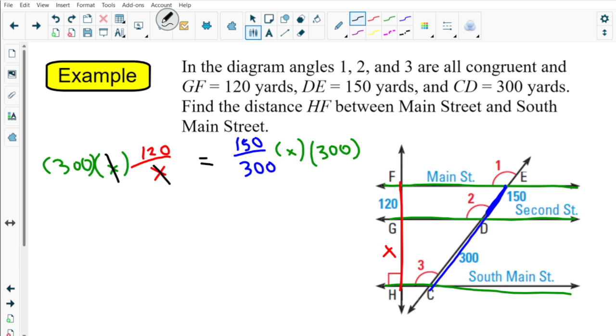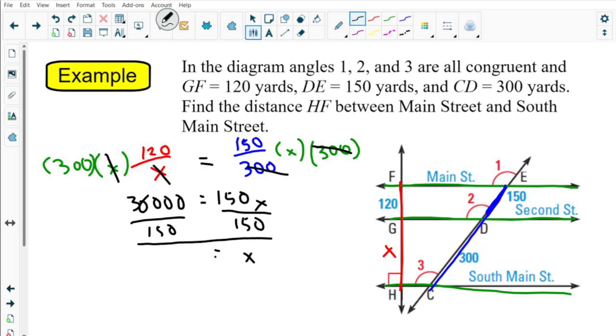That gives me 120 times 300, which is 36,000. And then 300s cancel over here, no more fraction. 150x. So now we'll divide to solve. And that gives us x being 240.